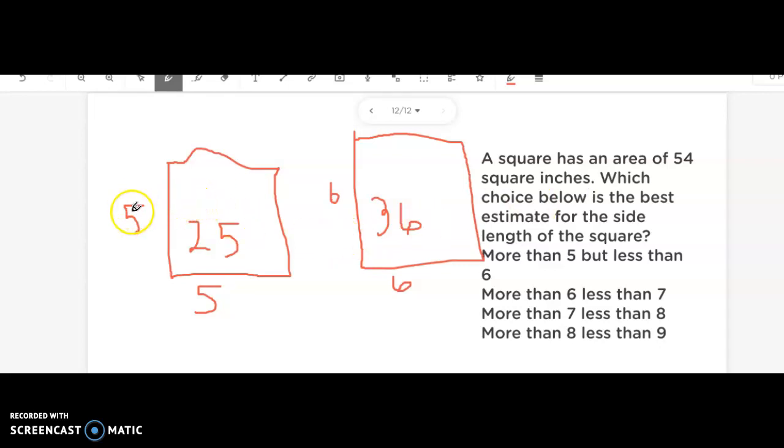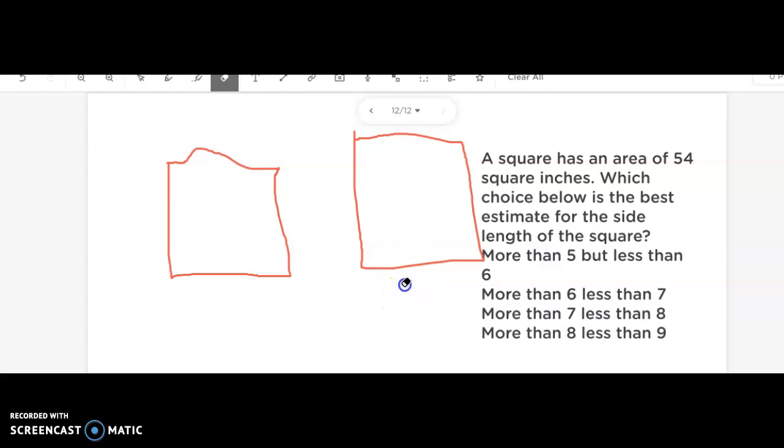So more than 5 but less than 6? No, it can't be more than 5 less than 6, because a square with the side lengths of 5 would have an area of 25, and a square with the side lengths of 6 would have an area of 36. So it can't be more than 5 less than 6.